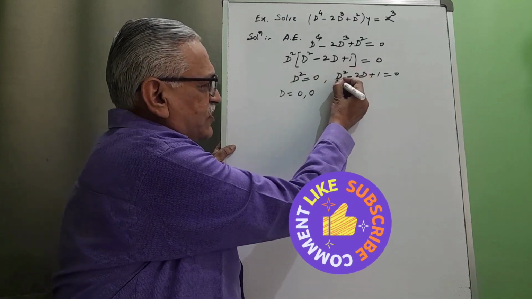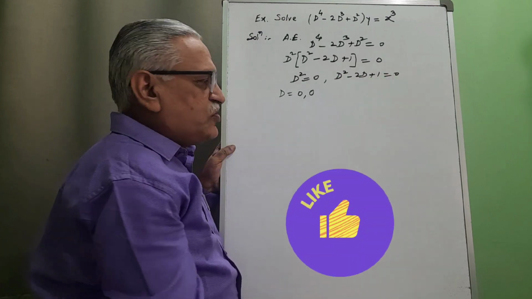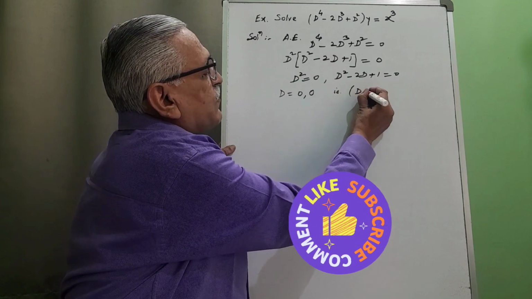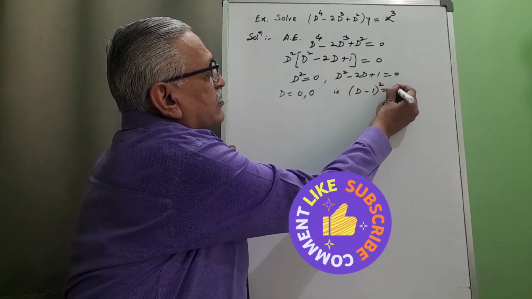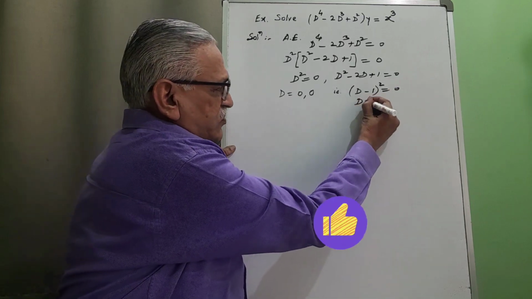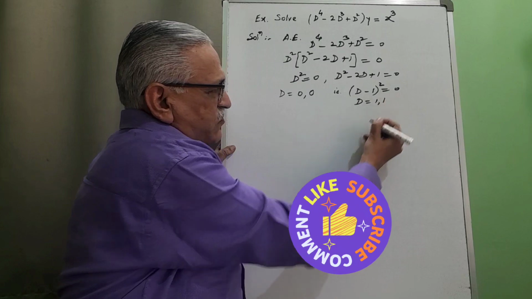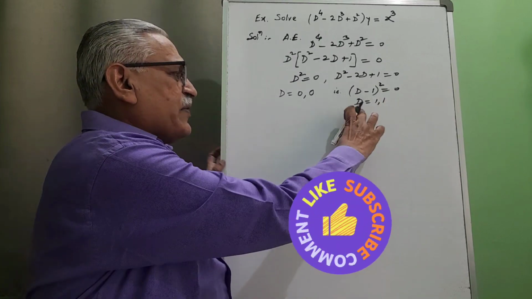The second factor, D^2 - 2D + 1 = 0, is nothing but a perfect square, (D - 1)^2. Equating each to 0, we get D = 1 and 1. Once again, 2 real and repeated roots.